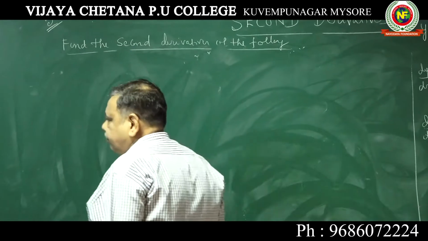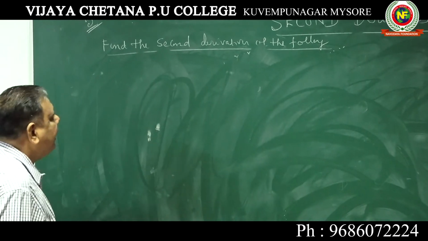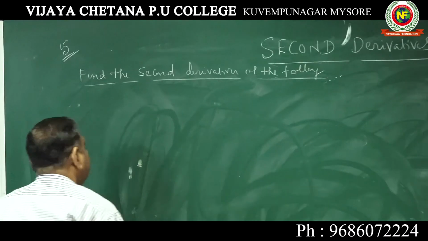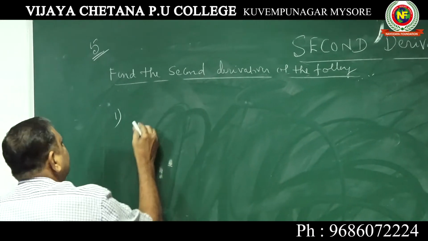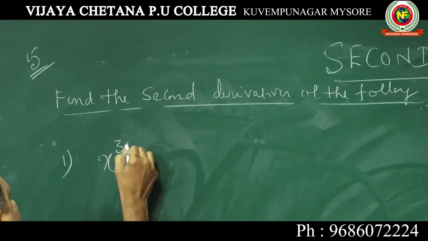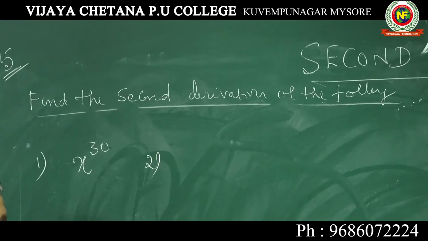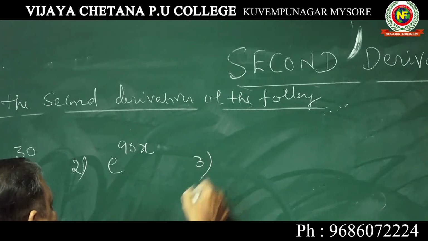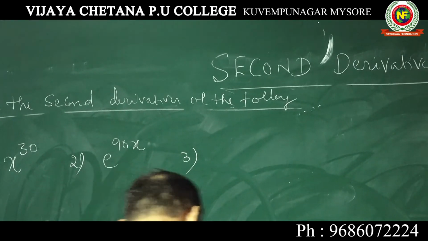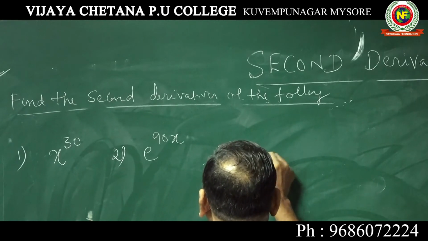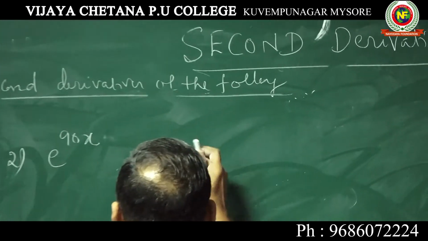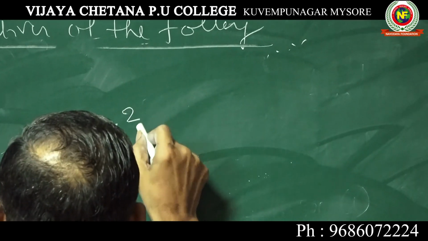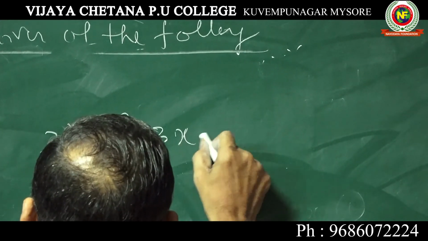Now write down some problems. Find the second derivatives of the following. First one, x to the power of 30. Second one, e to the power of 90x. Third one, x square minus 3x minus 5.